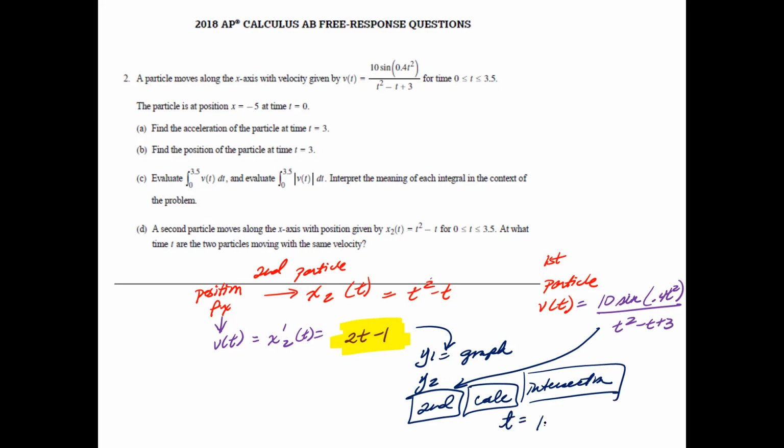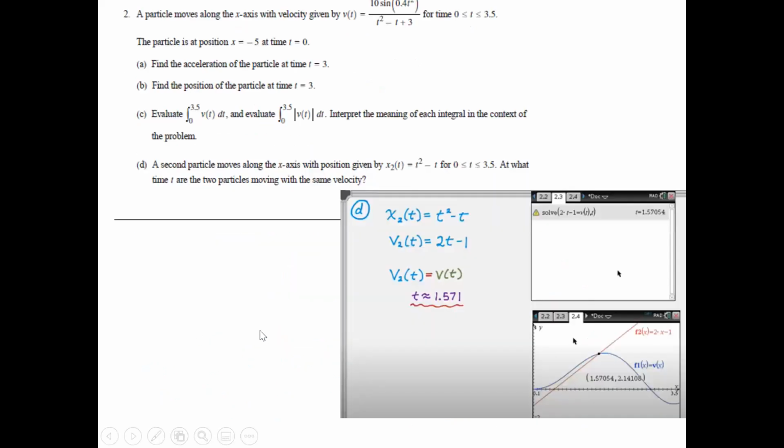The time should be about 1.571. So at what time are the two particles moving with the same velocity? A lot of times it's just a repeat of the question. The two particles are moving with the same velocity at t equals 1.571. And that's what you can write.